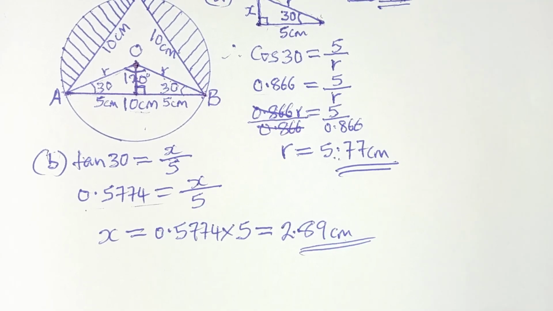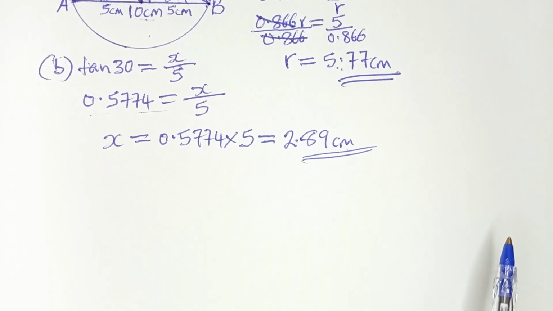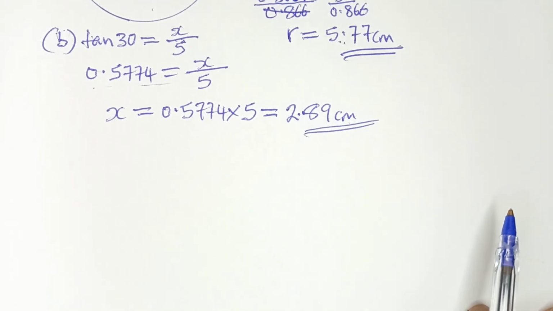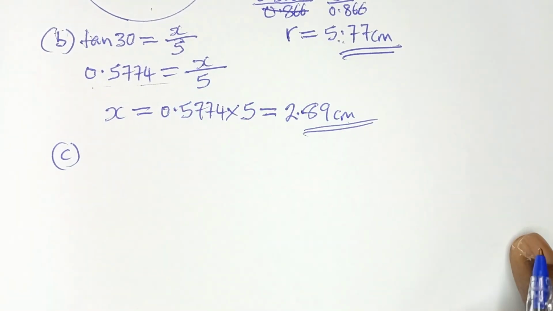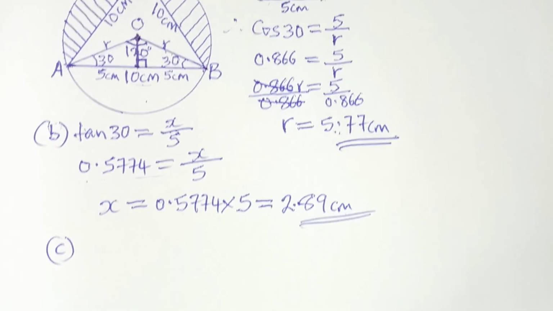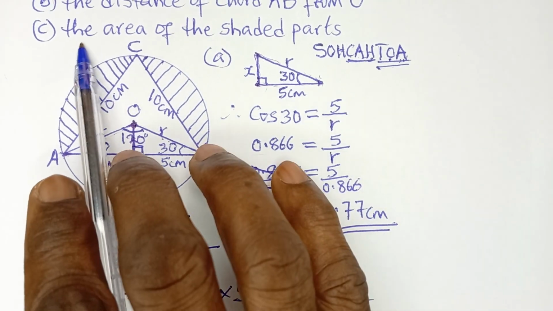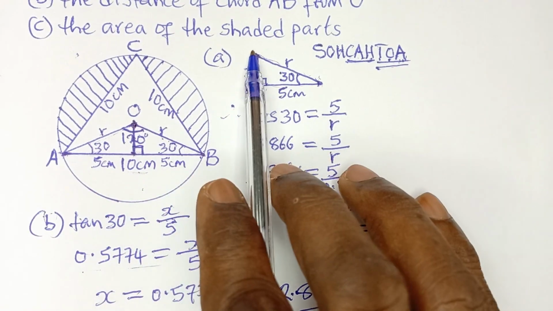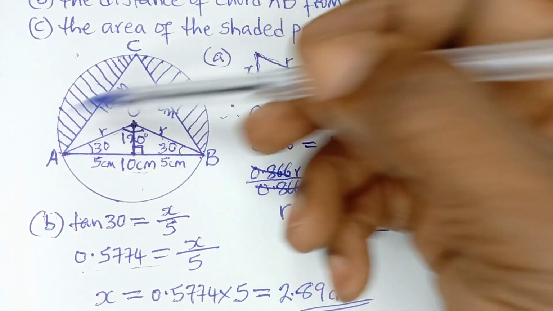Let's move to the C part of the question, which is the most challenging part of it. So the C part, let me label it as C now. The C part says find the area of the shaded parts. We have to look for the area of these parts along with this part.